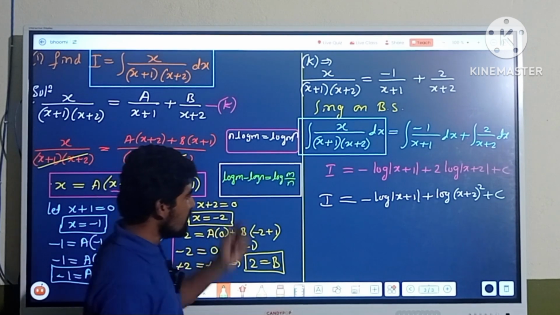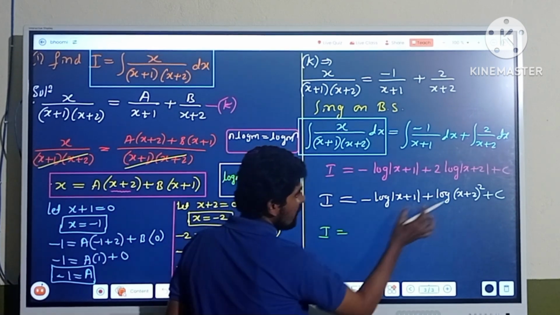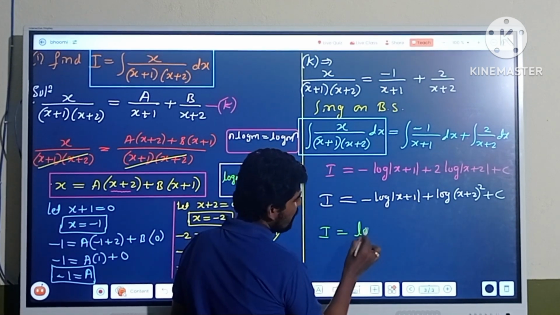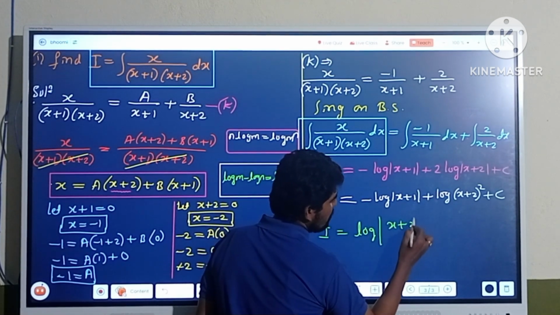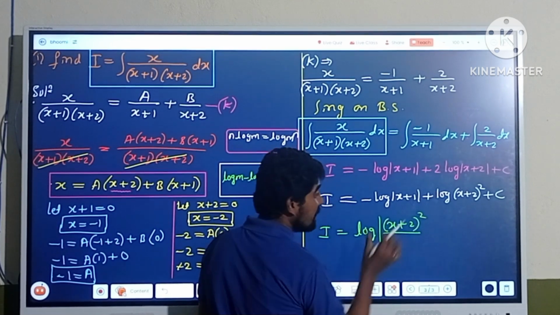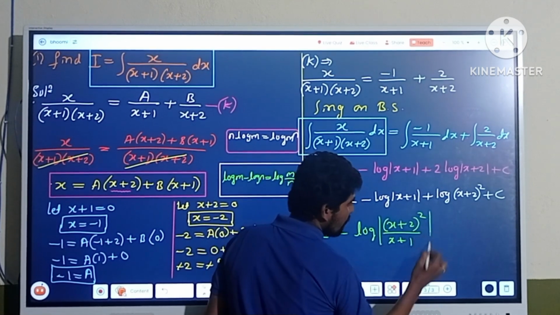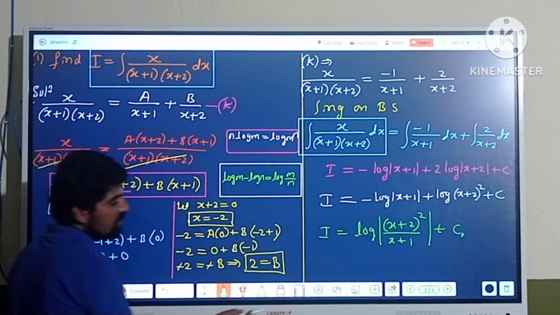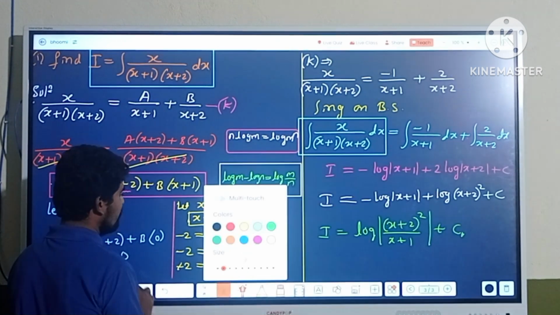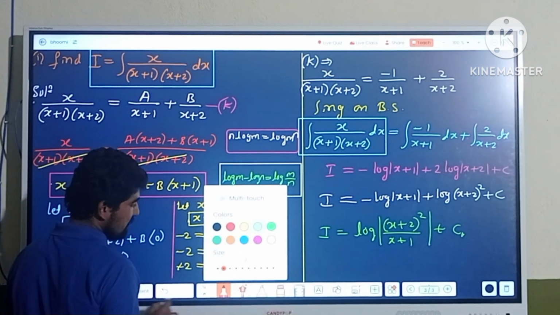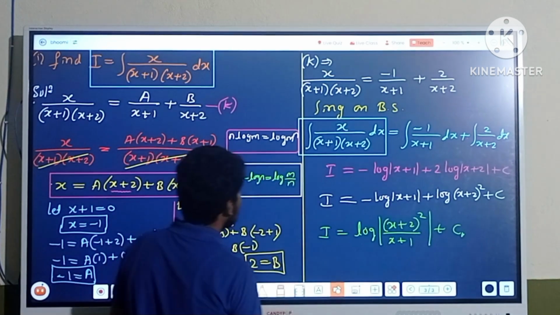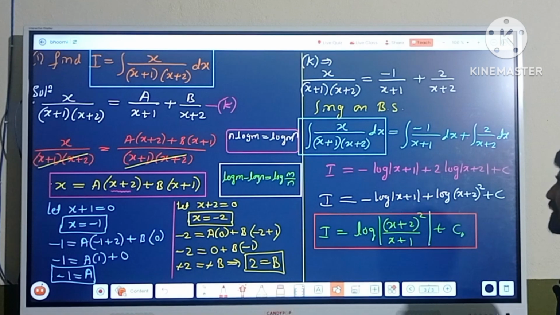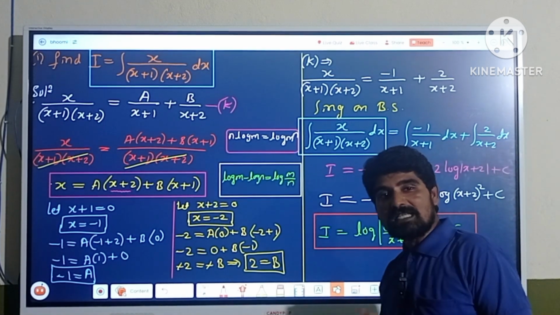By using this property of log, I can be expressed as log of m, that is x plus 2 whole square, divided by n, that is x plus 1, plus c integral constant. And this is the required integral value of the given problem, integration of x divided by x plus 1 into x plus 2.